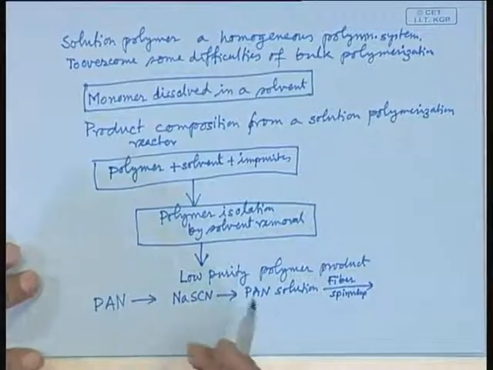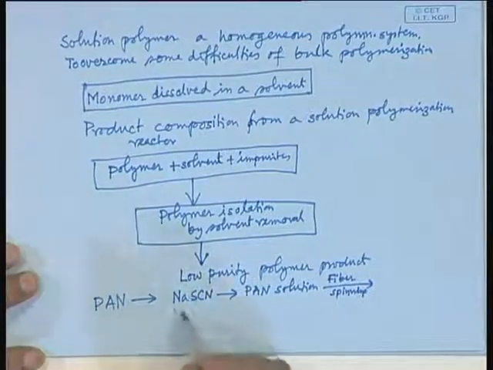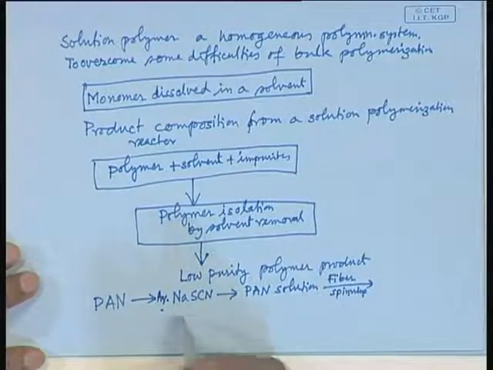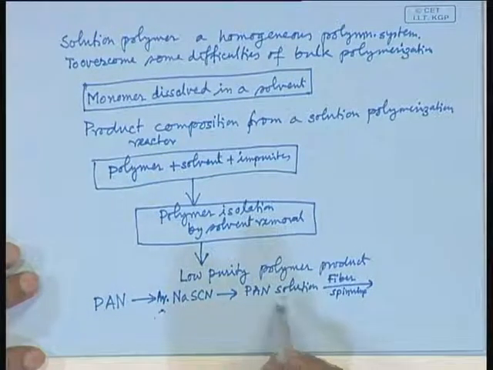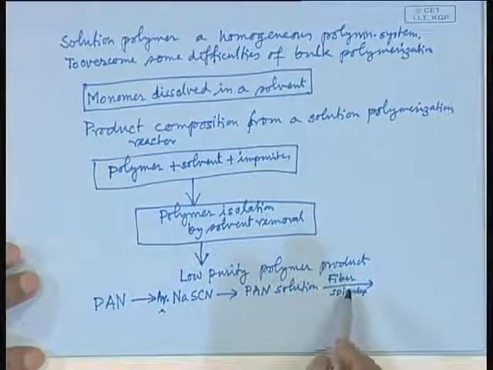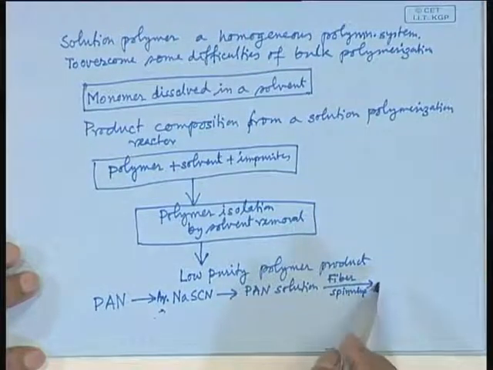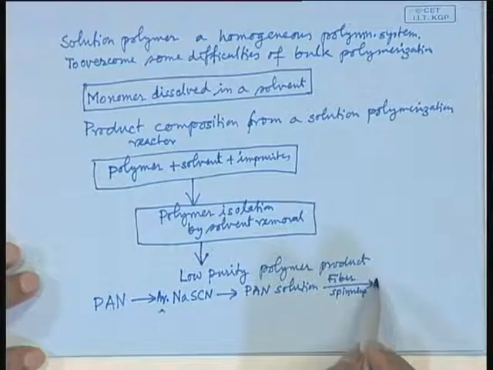So, what is done? This PAN is dissolved in aqueous sodium thiocyanate. It is a very good solvent for this PAN, it gets dissolved. Then this PAN solution in sodium thiocyanate solvent is passed through a spinneret for fiber spinning.